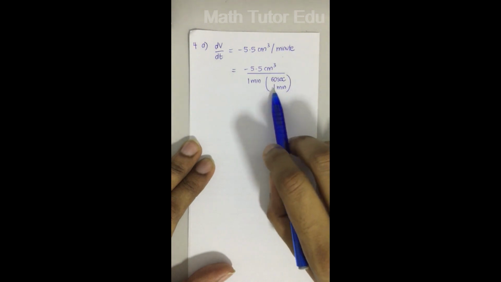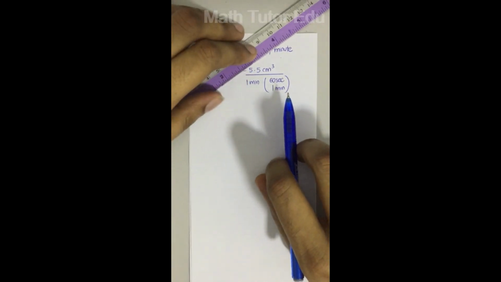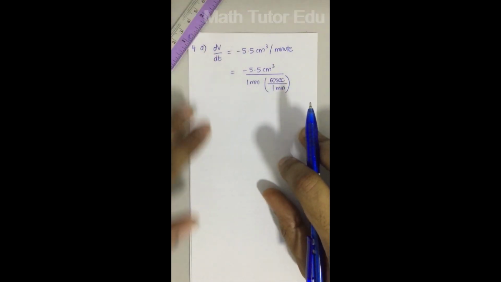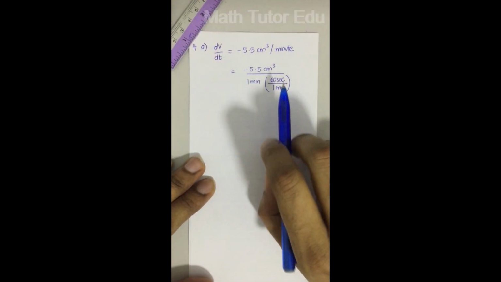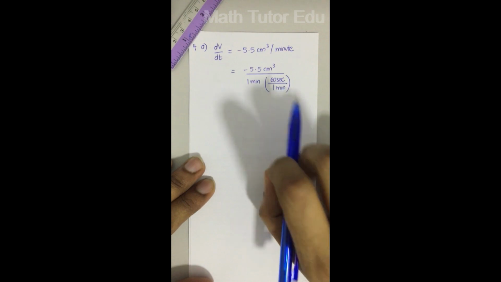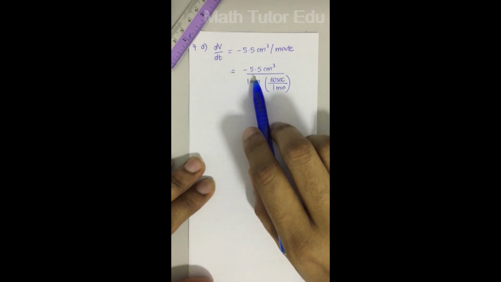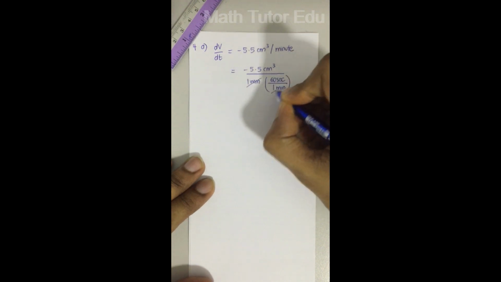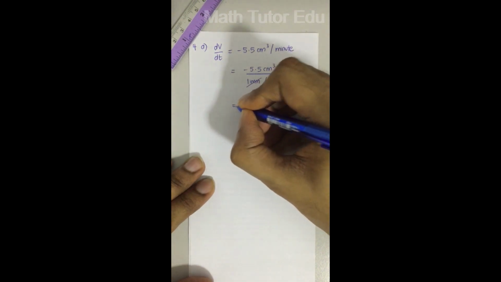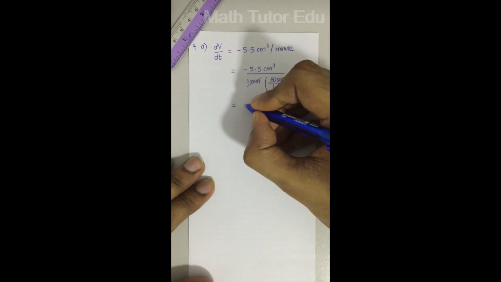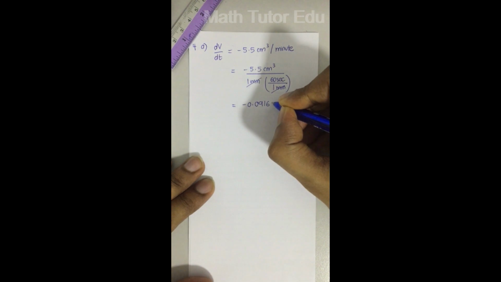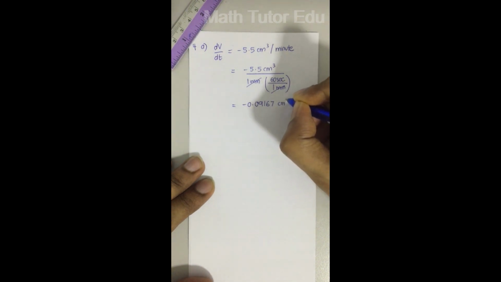Why do we need to do this conversion? In 1 minute there are actually 60 seconds, guys. So the minute and minute will cancel off, and it is only left with the seconds. So negative 5.5 centimeter cube divided by 60 seconds, which gives approximately negative 0.09167 centimeter cube per second.